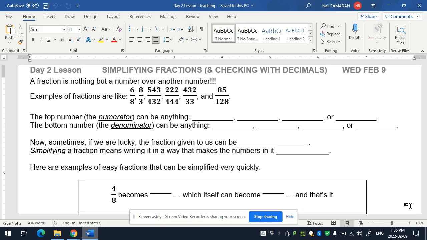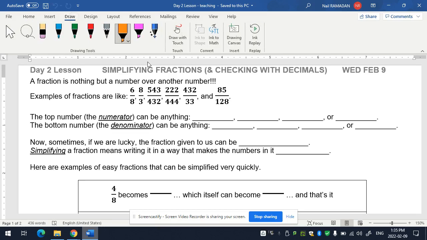The name they have for things like this fraction, or this fraction, or this fraction, where the top is bigger than the bottom. Does anyone know what they call it? You might have heard the name before.